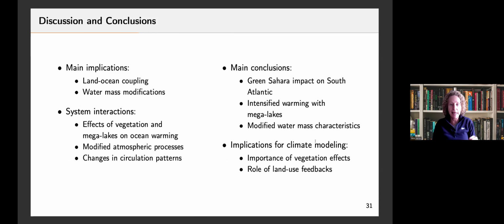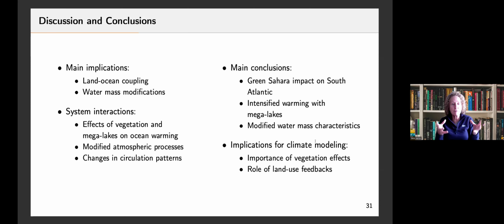So the main implications are we have to pay attention to land-ocean coupling, and that can impact water mass modifications. We don't look too much at that. And maybe, if we do a scale analysis of what are the main forcings or impacts on water mass modification, maybe land-ocean coupling is very small, but it can't be negligible because we saw it's significant.